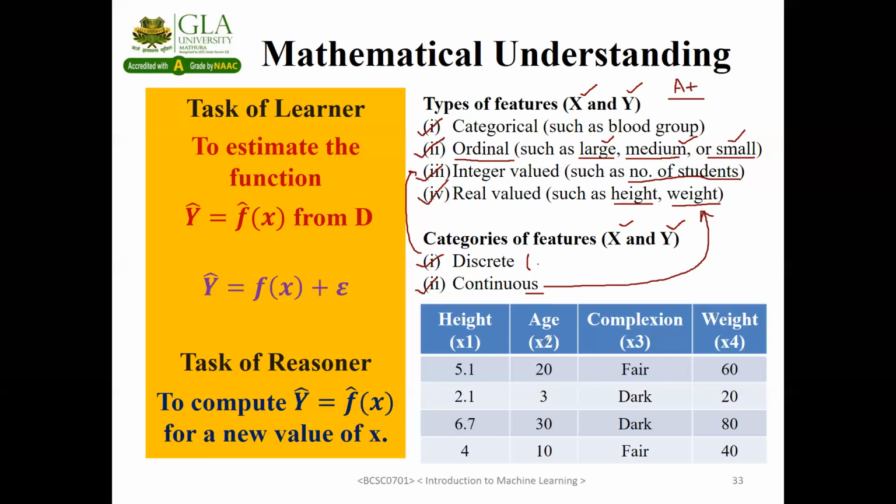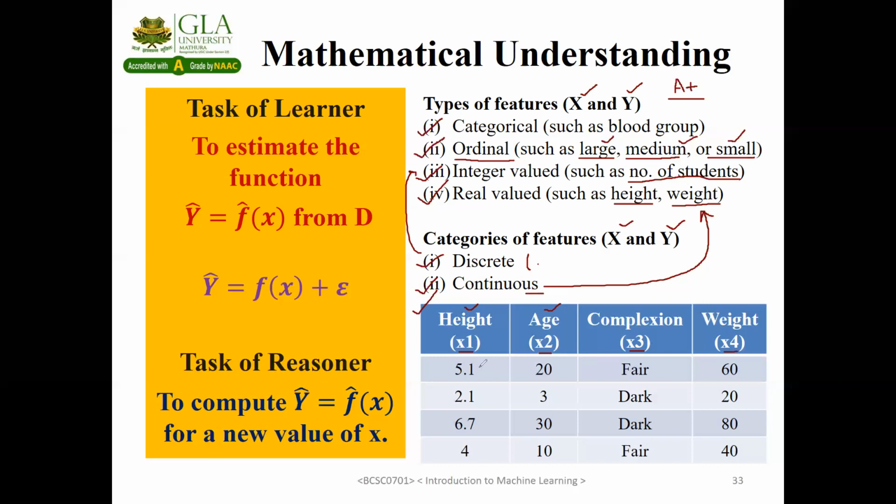For example, here we have a data set. This data set comprises, see this table, four features: height represented by x1, age represented by x2, complexion represented by x3, and weight represented by x4.